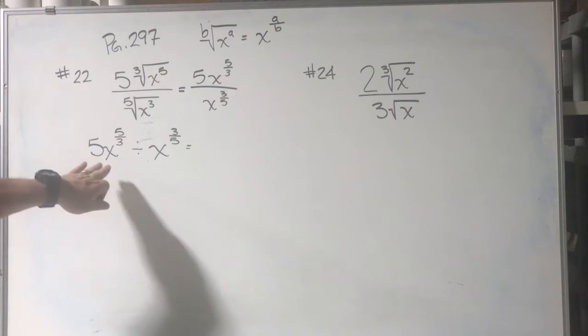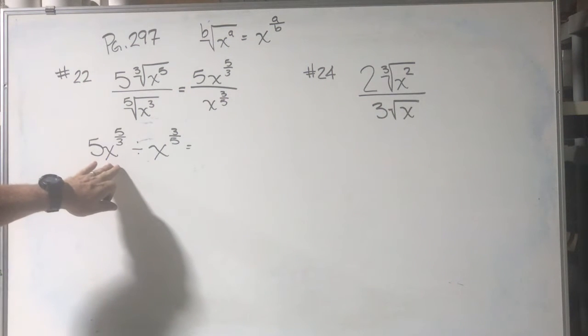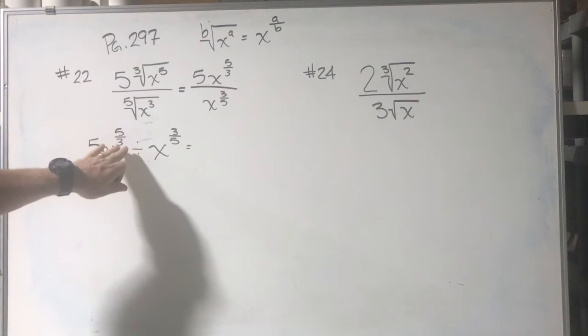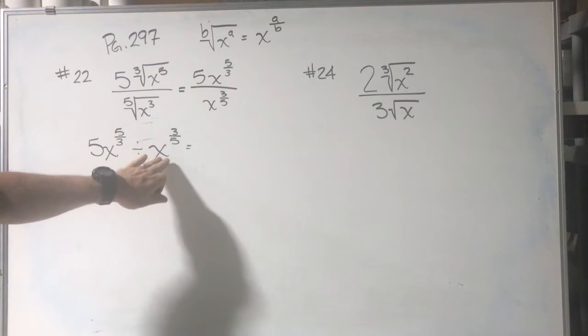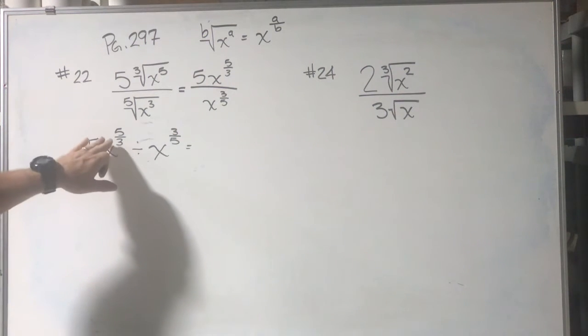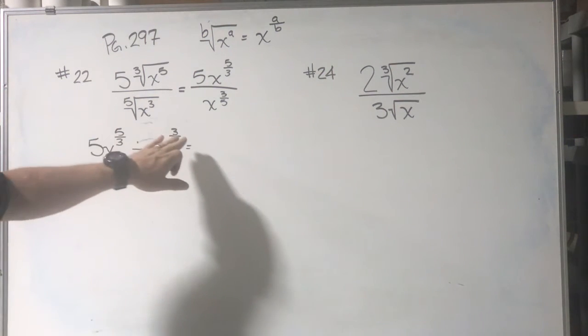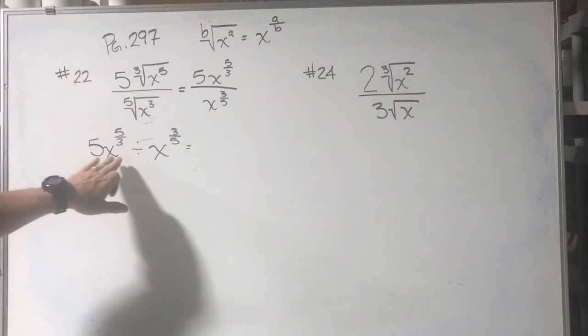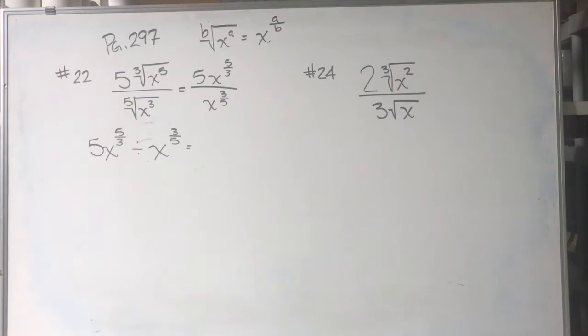And when we divide variables with an exponent by another variable with an exponent, the way we do that is we subtract the exponents and we keep the variable.